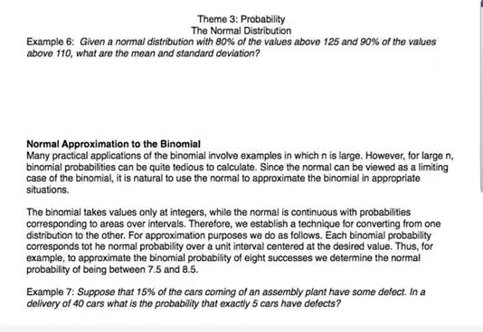Example 6 says, given a normal distribution with 80% of the values above 125 and 90% of the values above 110, what are the mean and the standard deviation? So you need to look at the standard normal table for 0.8 and 0.9. Whenever you do that, that would give you z-scores of negative 0.84 and negative 1.28.